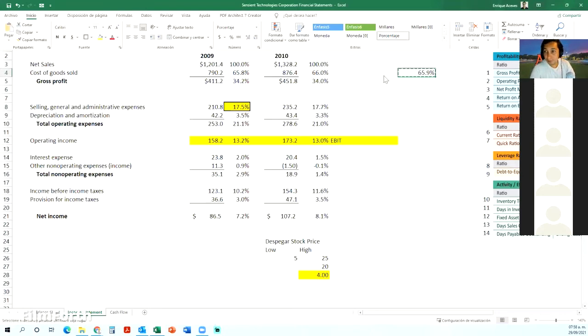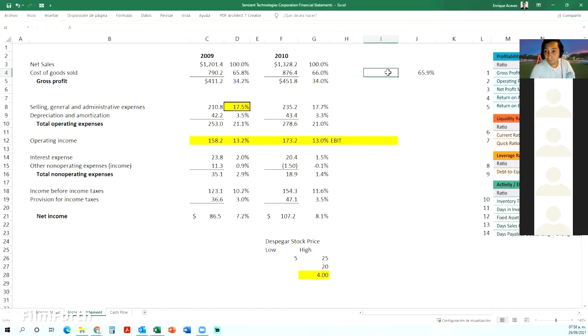So if we have a sales forecast, we could just multiply it by the average margin from the previous years, no?